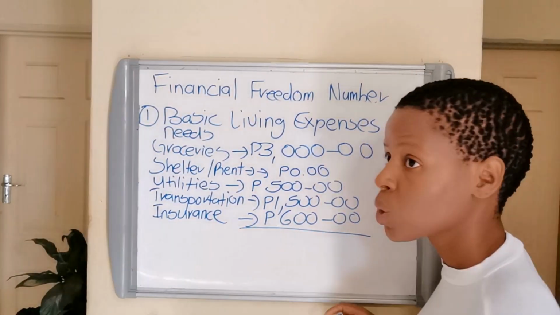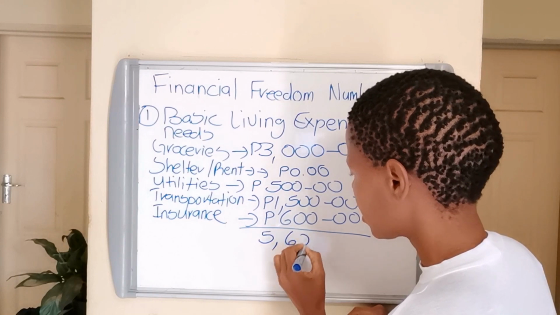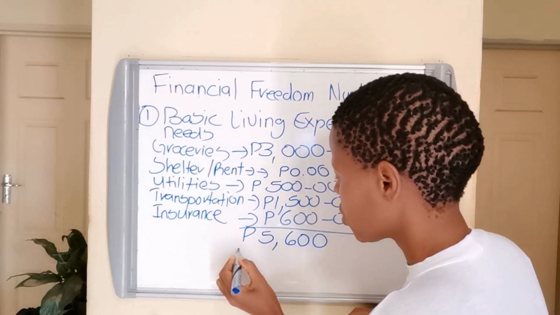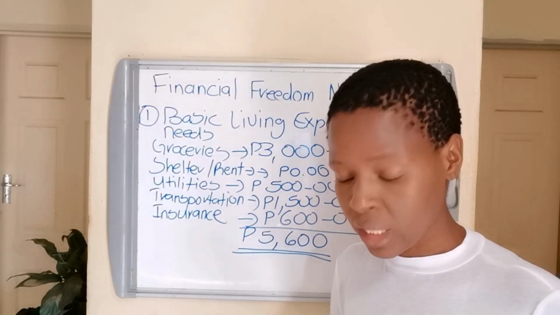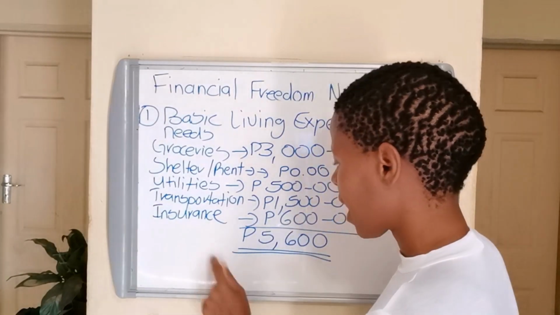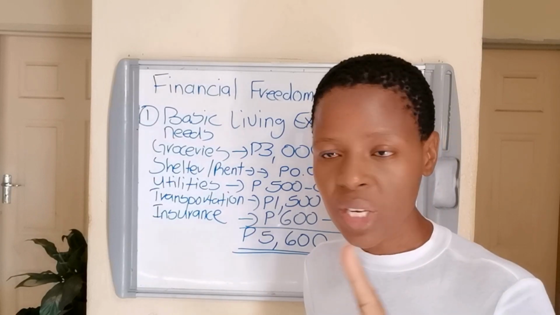What is our total basic needs? This is 5,600 that you spend in our example here on your current basic needs. Underline that, our current basic needs, we are saying 5,600.